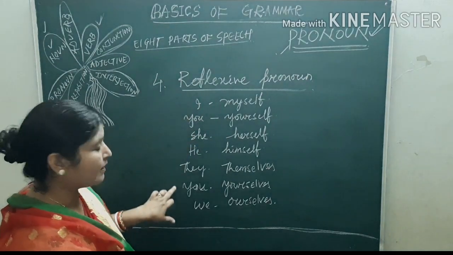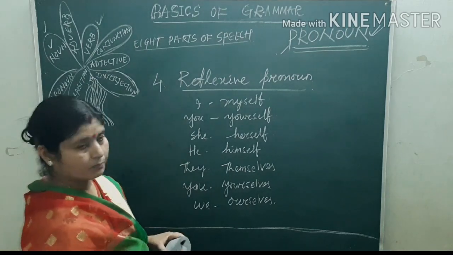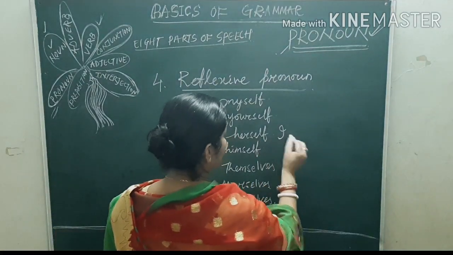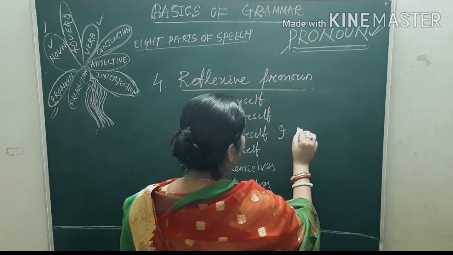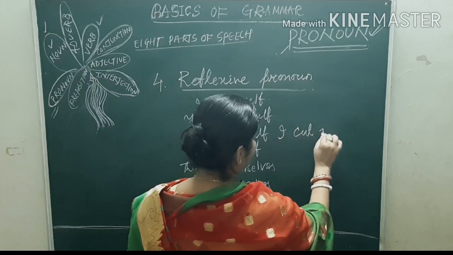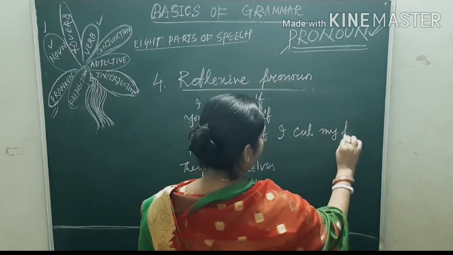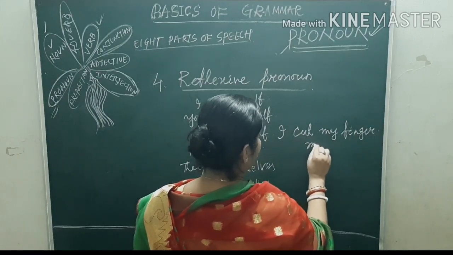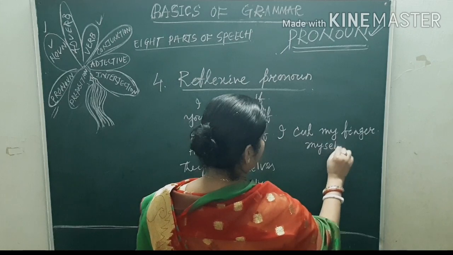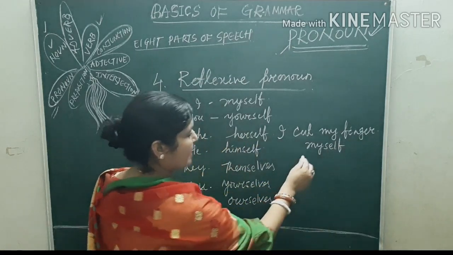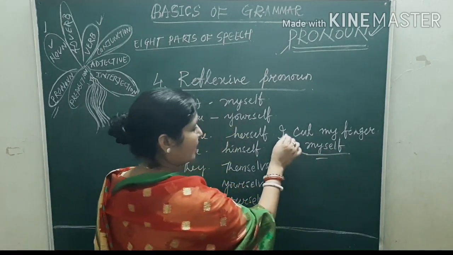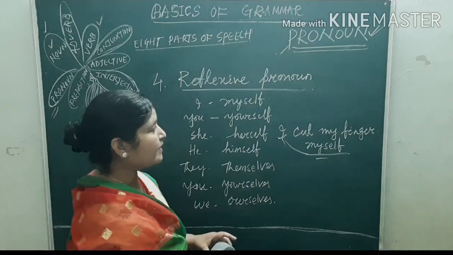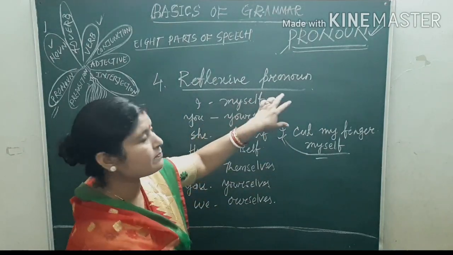Reflection of the nouns. How? For example, I cut my finger myself. So here myself is the reflection of I. So it is known as the reflexive pronoun.